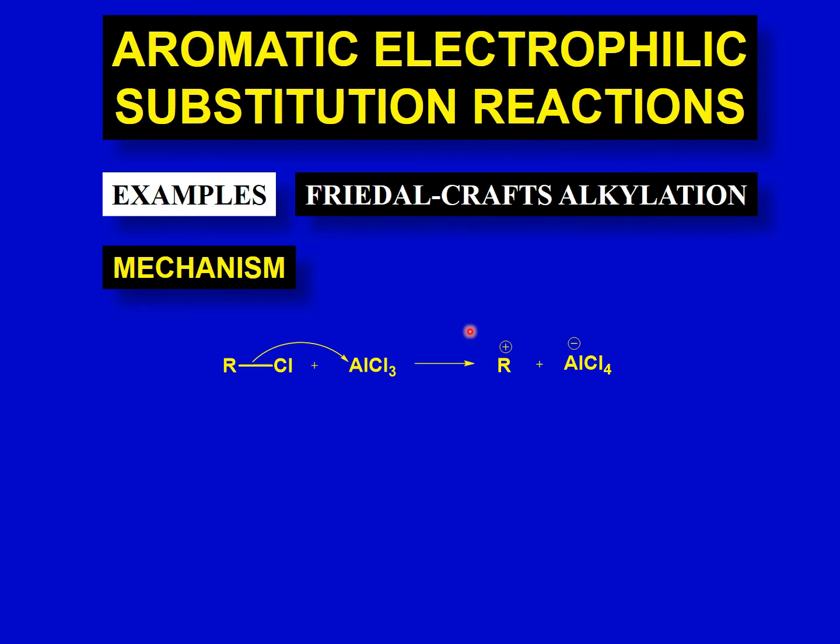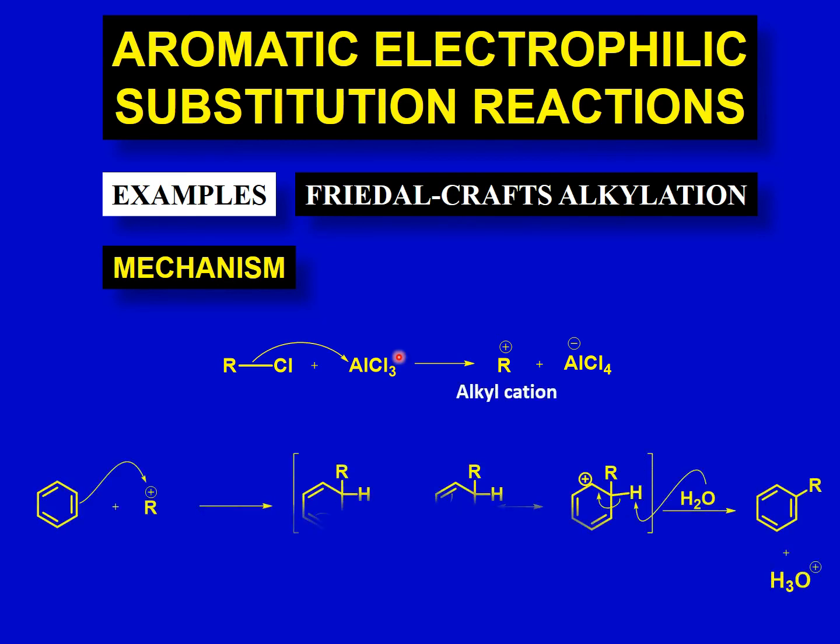In the second step, this alkyl carbocation is attacked by the pi electron density of the benzene ring. And again, as seen in the previous example, we have the formation of this sigma complex. Again, we have a positive charge that is delocalized, or in resonance, with the pi electrons still present in the ring, and so it shifts its position throughout the ring.